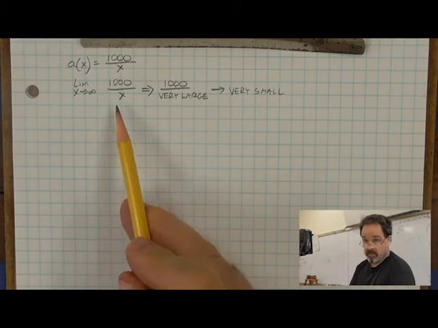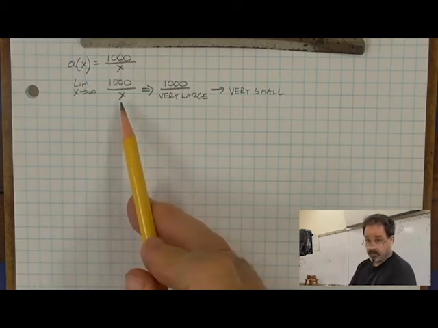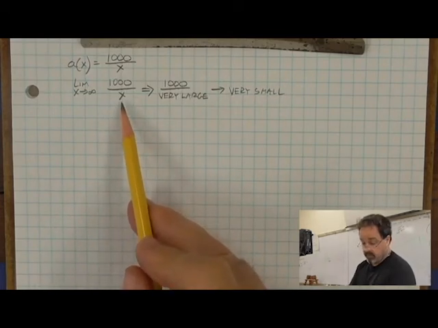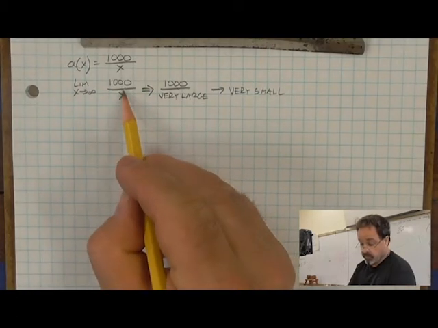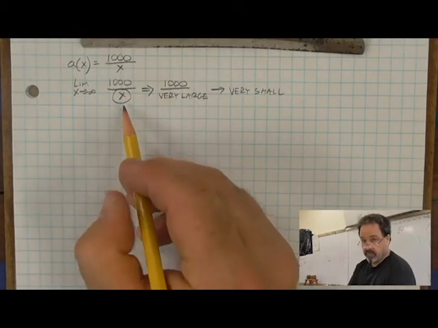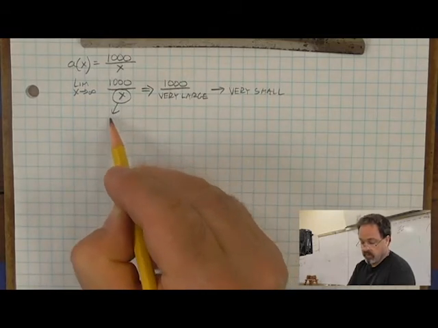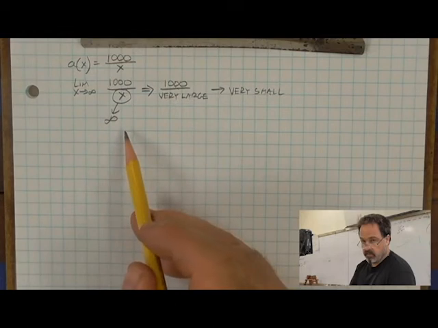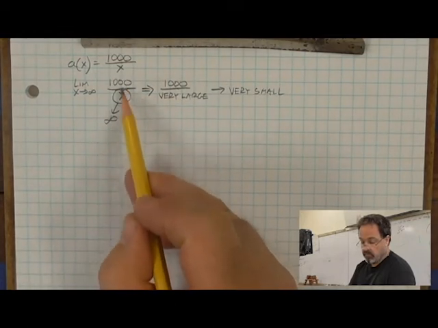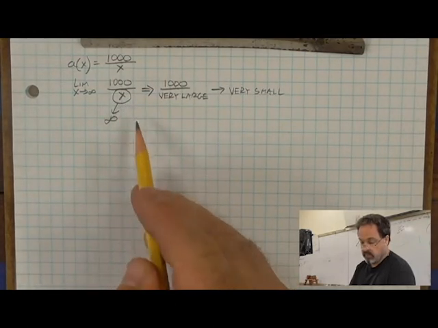Let's exaggerate this, or literally take it to the limit. If x is getting arbitrarily large, and we could use notation, circle x, which is just a piece of this function. If it itself is going to infinity, what about the whole expression, 1,000 over x?